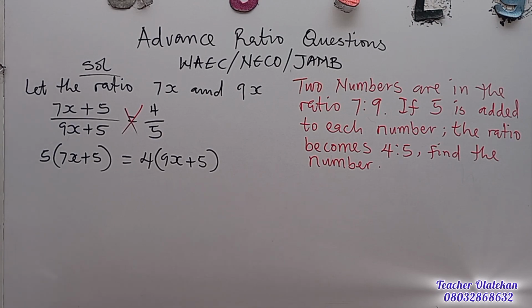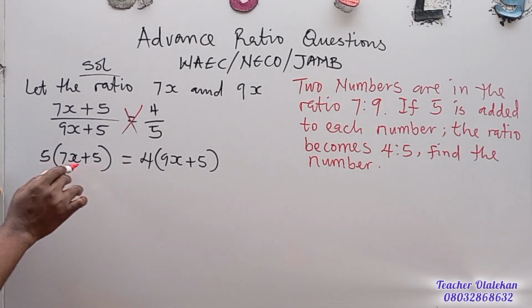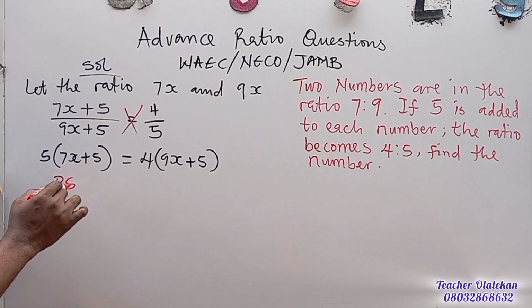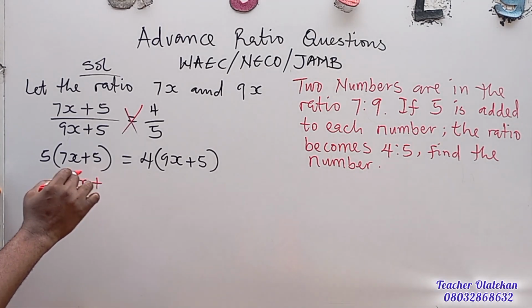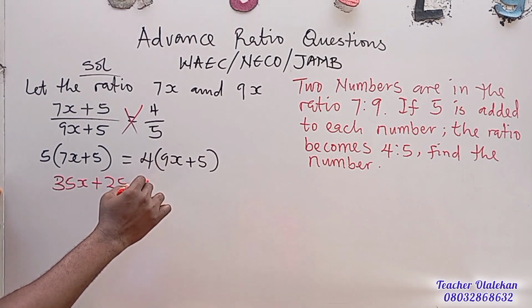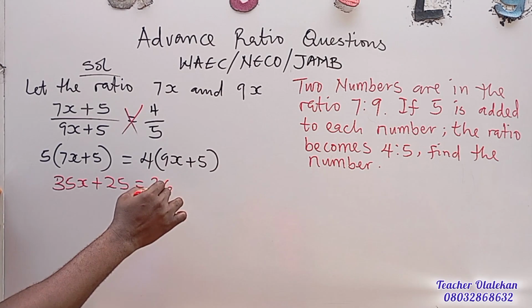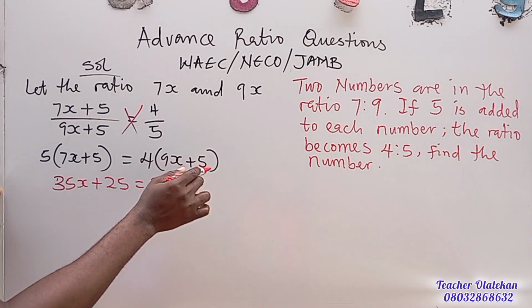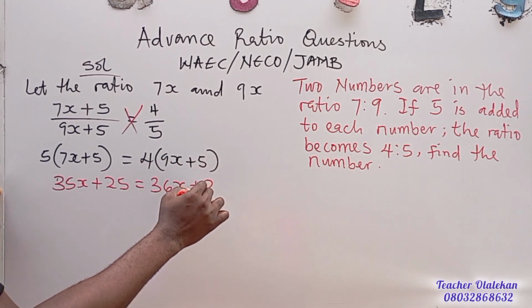So then at this stage we open our bracket and we collect the like terms to find our x. So this becomes 35x plus 25 is equal to 36x plus 20.